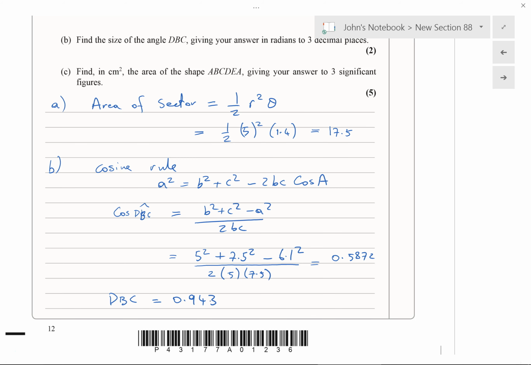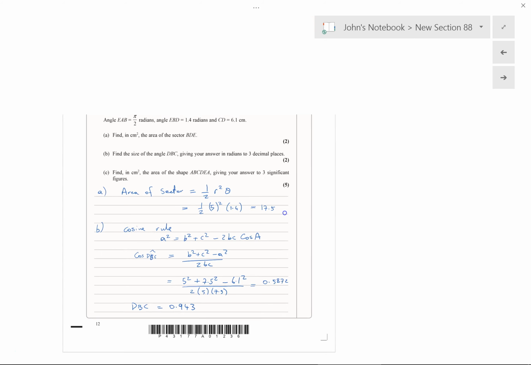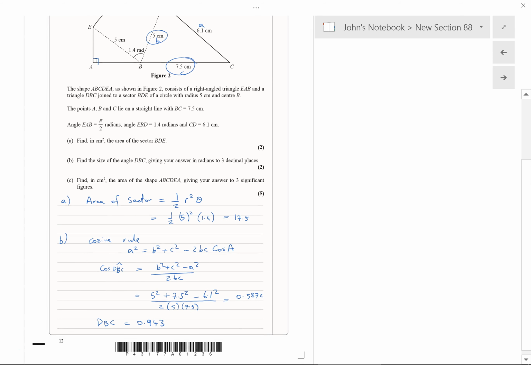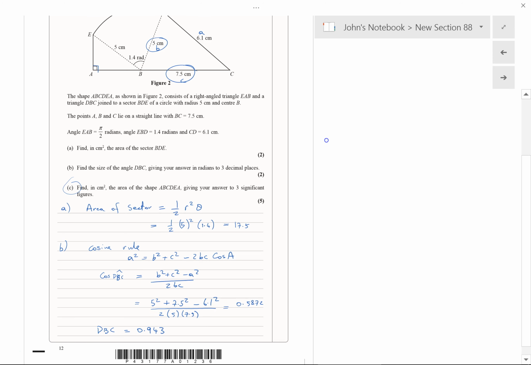Now on to part C. Find the area of the whole shape, giving your answer to 3 significant figures.